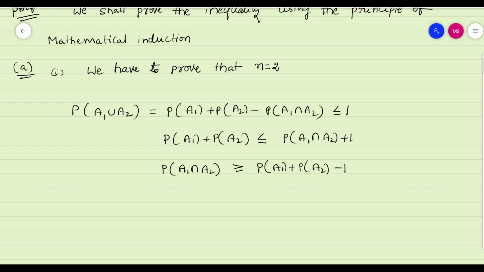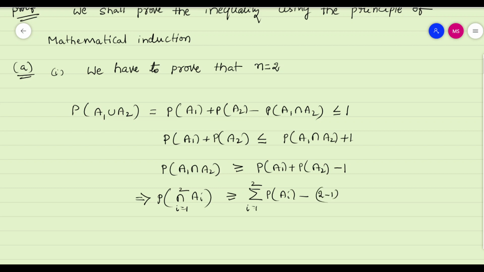This can be written as P of intersection i running from 1 to 2 of Ai is greater than or equal to summation i running from 1 to 2 P of Ai minus (2 minus 1).